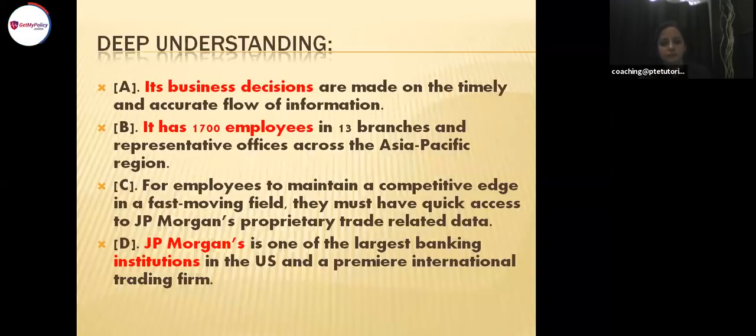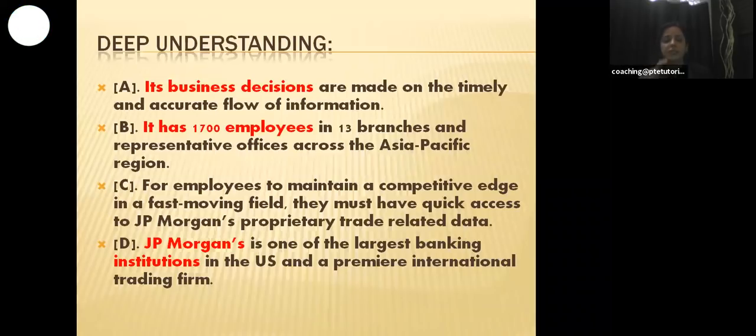It. It is the demonstrating pronoun here. So I'm replacing institute by it. Now I have 2 sentences, it's and it. Which one will come first? First, I will give the brief introduction about the company. It has 1700 employees in 13 branches. Of course, this will come first.